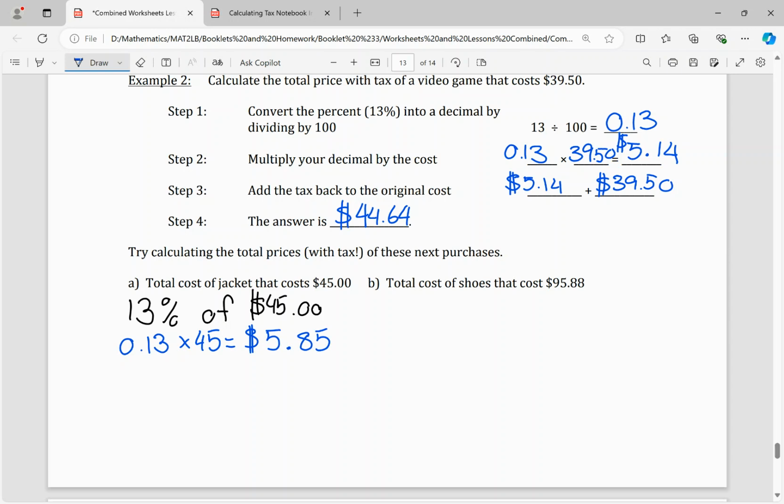No rounding necessary here. Step 2, we're going to take the $5.85 and add it to the original amount, which is $45, and we're going to get a final price of $50.85.